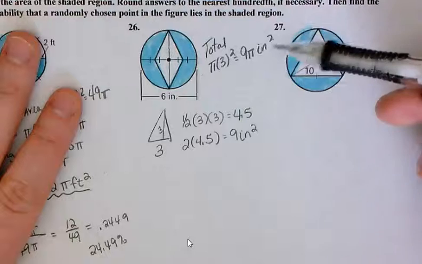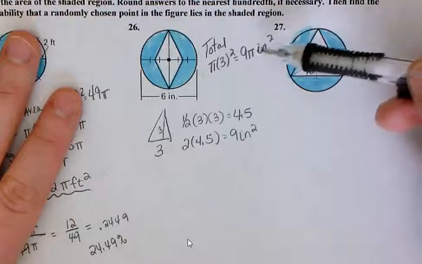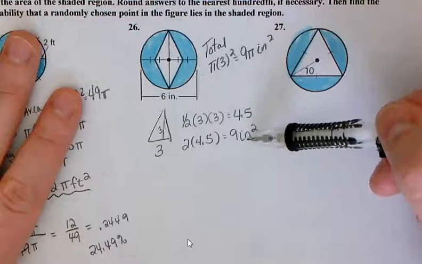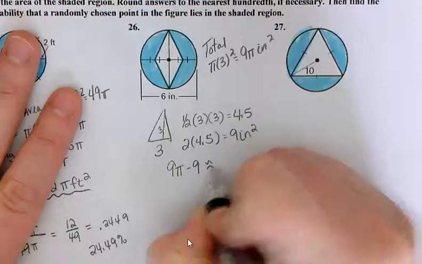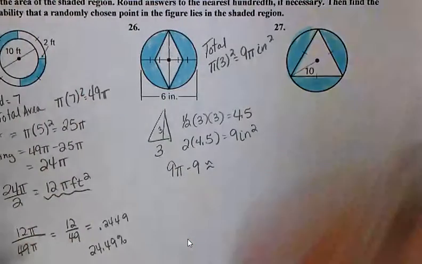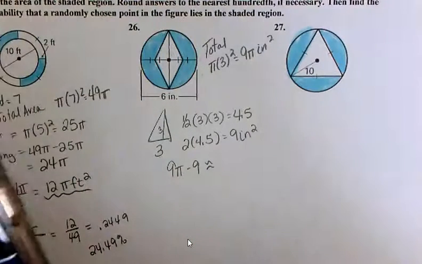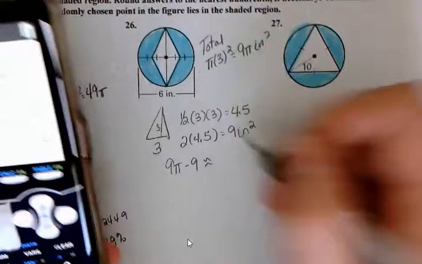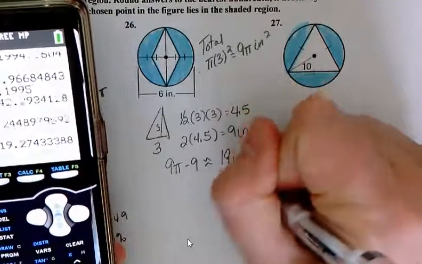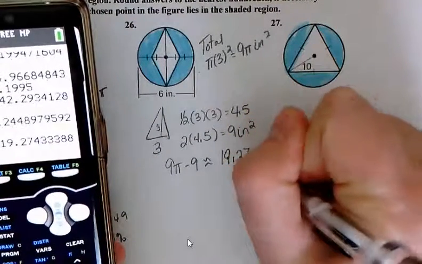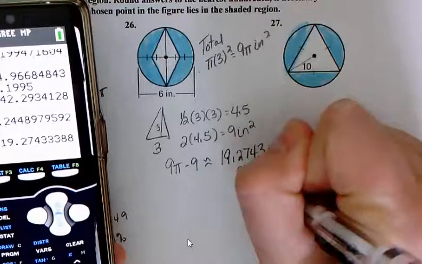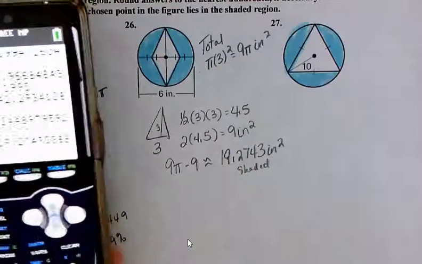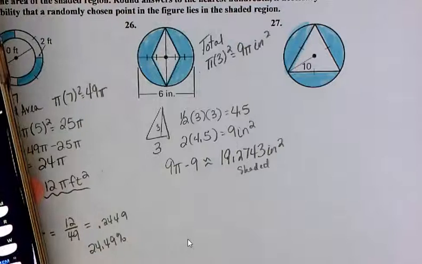So the shaded region is going to be 9 pi inches squared minus 9 inches squared. So 9 pi minus 9 is approximately 19.2743 inches squared, so that's the shaded. And then I'm going to take shaded divided by total.